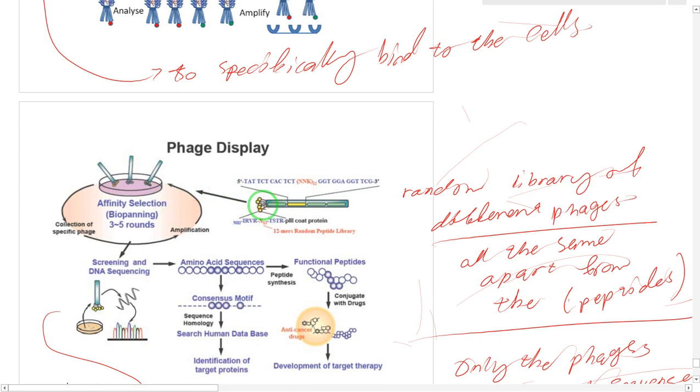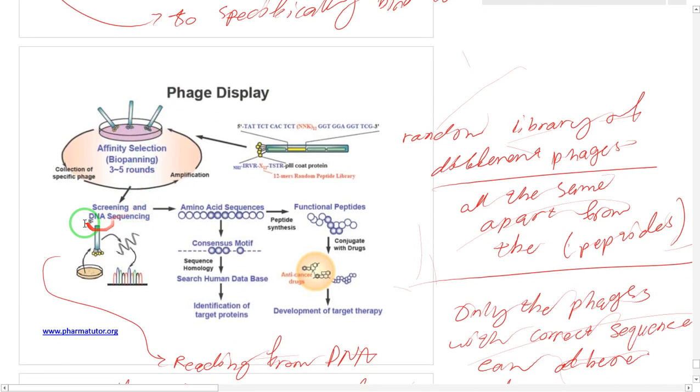Some of the viruses which connect in a good way to the cells will bind, and then we wash all the other viruses, and only these ones will remain connected. Then by doing DNA sequencing, we can understand the exact sequence of these peptides, and the proper sequence of amino acids which has affinity towards this cell.